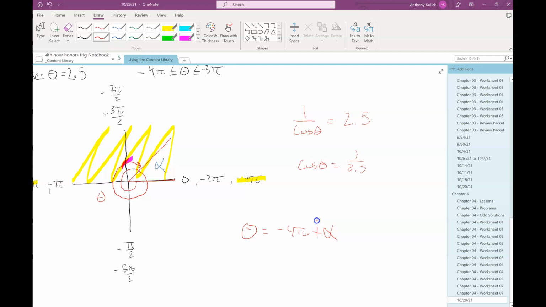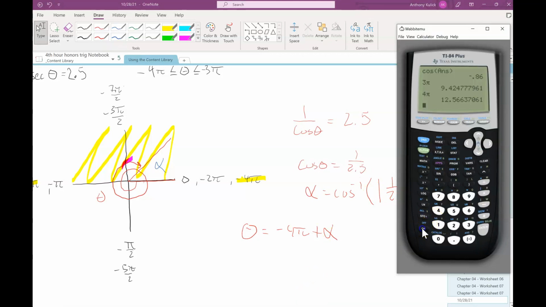And what's alpha going to be this time? Cosine inverse of the absolute value, 1 over 2.5. And now it's calculator time. Is this feeling okay, everybody?